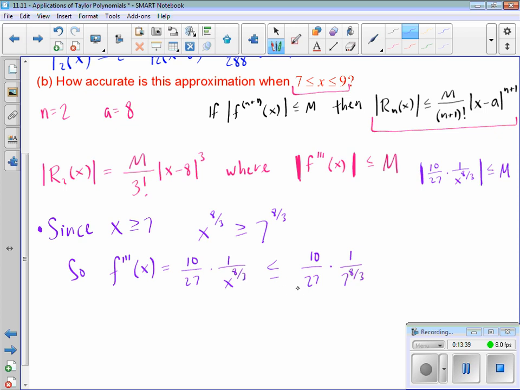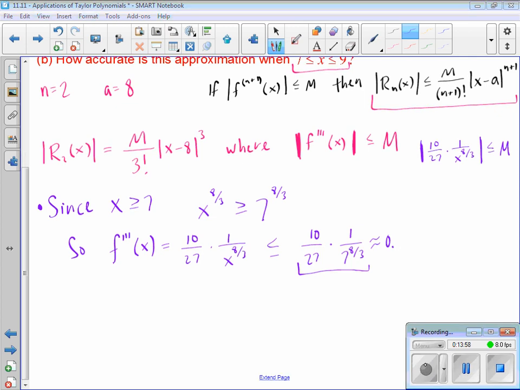Okay, now get your calculators, put this in your calculator, because that's just a number, right? It doesn't have any variables anymore. And we'll take it out to quite a few spots here. So are we getting like 0.00206 5?